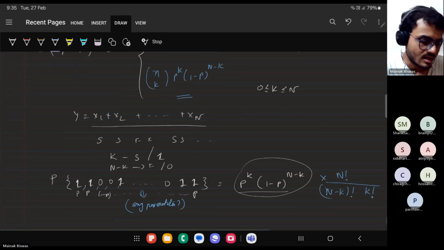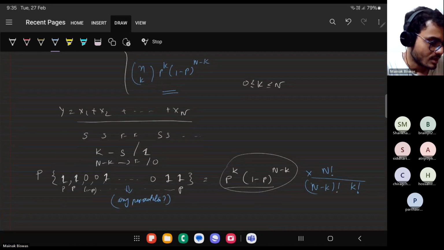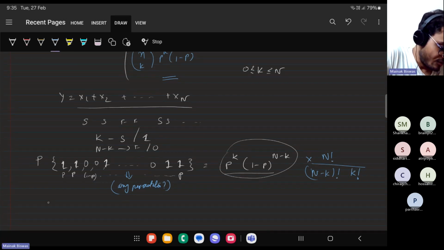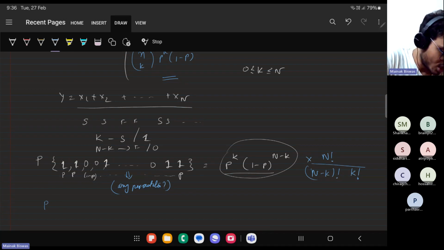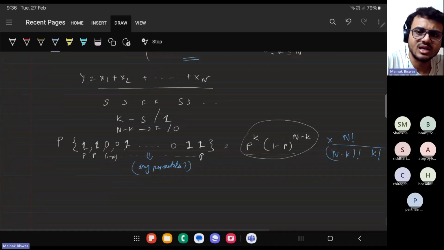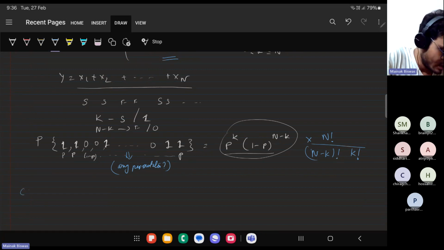Now we'll define something called a CDF, that is the cumulative distribution function. It will be required in the continuous case, but let us keep it defined here. Or let us do the expectation first. Simple things first.